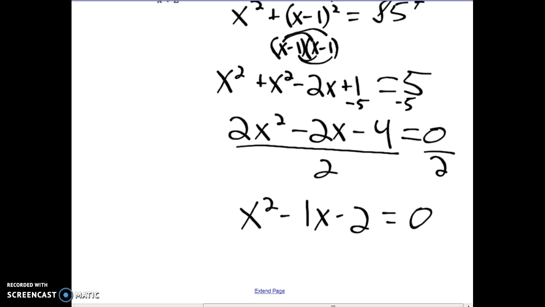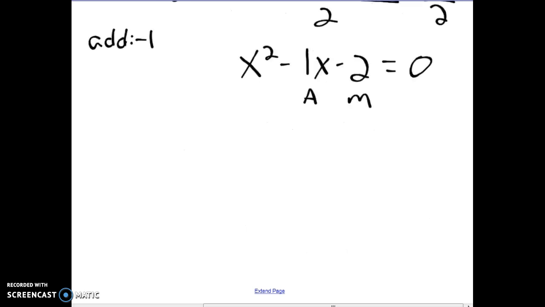Now, if I think of this as a factoring problem, I need to find two numbers, and they need to multiply to be negative 2. So they're going to multiply to be that constant term at the end. And they need to add to be a negative 1. Some of you may have heard this nicknamed the AM method.